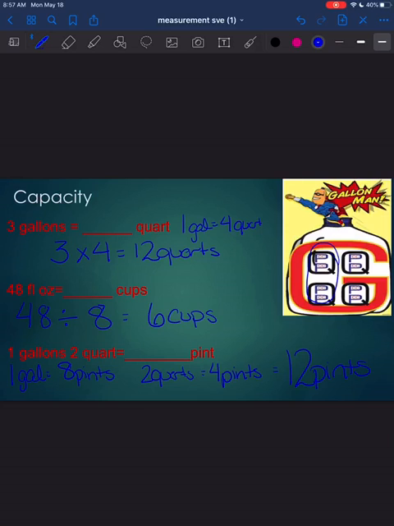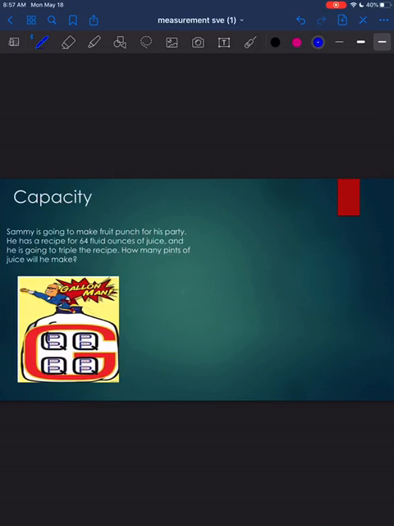All right, but in 5th grade, we don't just convert, we also look at word problem conversion. So in this particular situation, Sammy is going to make fruit punch for his party. He has a recipe for 64 fluid ounces of juice, and he's going to triple the recipe. How many pints of juice will he make? So in word problems, there are typically going to be 2 steps.